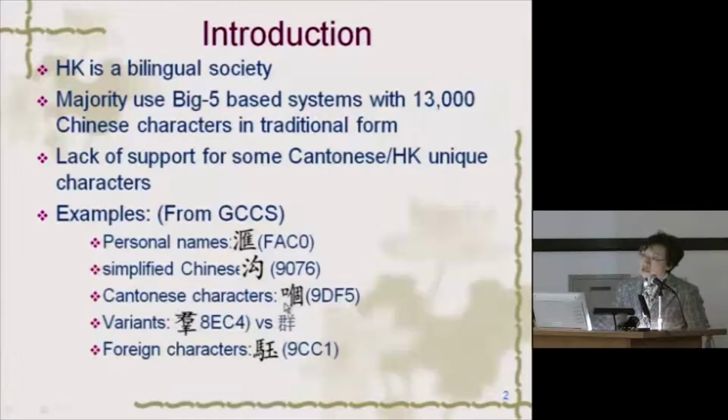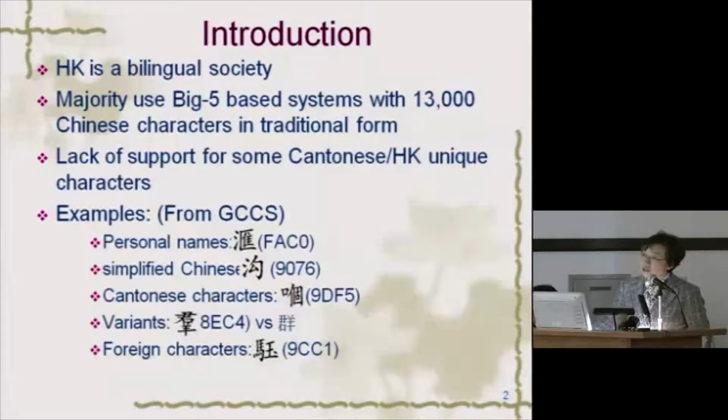There are also Cantonese unique characters, phonetic in nature. And we all know there are Chinese character variants, which can be written with a different kind of position. And this happens to be one of them, which was not supported in Hong Kong, but used somehow by people in Hong Kong. And there are also foreign characters.